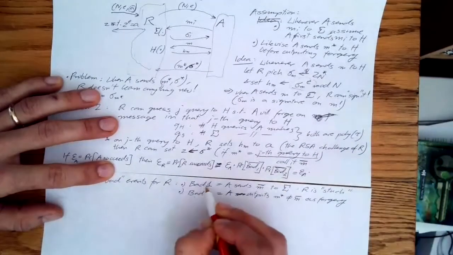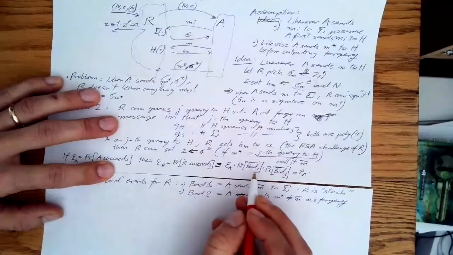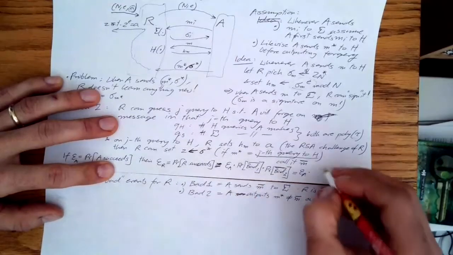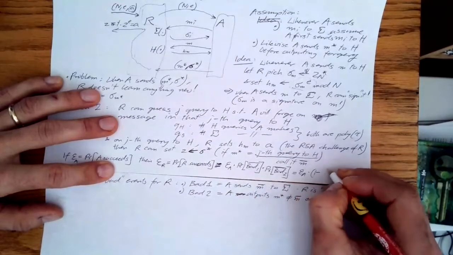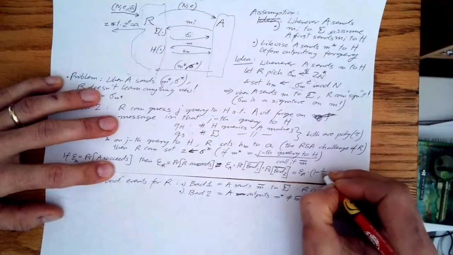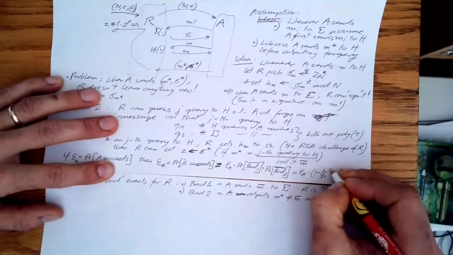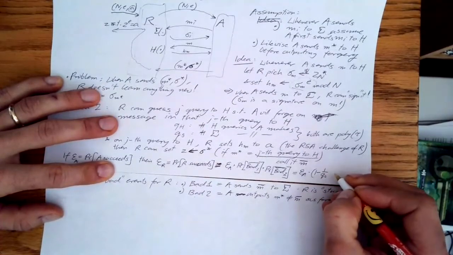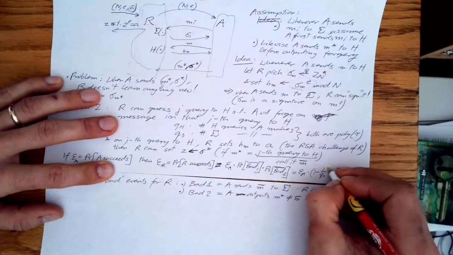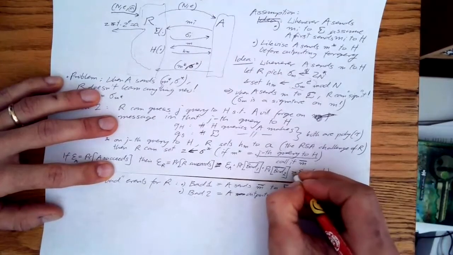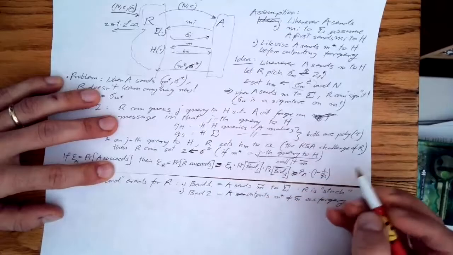What's the probability that bad one does not happen? It's 1 minus 1 over QS. Yeah, okay, it's bounded like this, right?